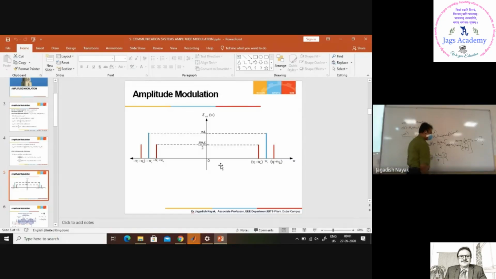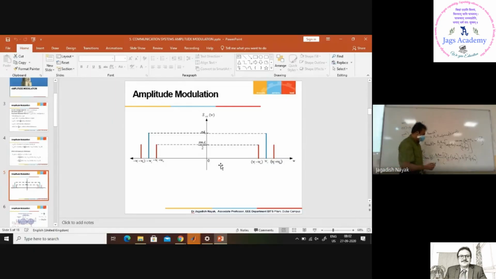Then delta of (F minus FC plus FM) plus delta of (F plus FC plus FM). I'm just taking AC AM by 4 outside, since this has half delta and this also has half delta.